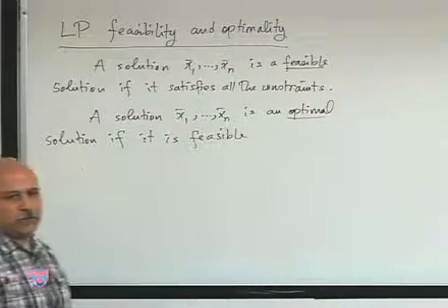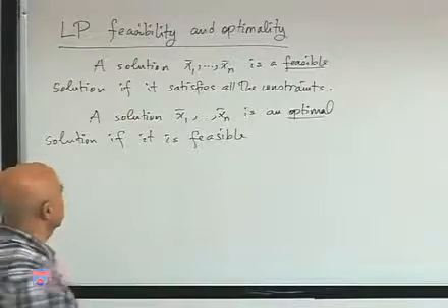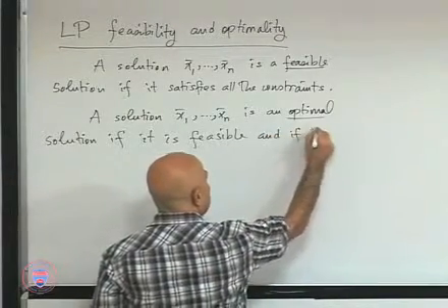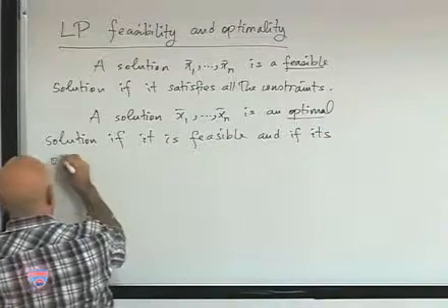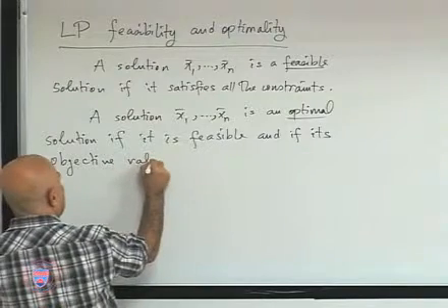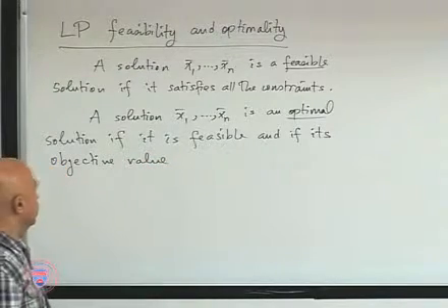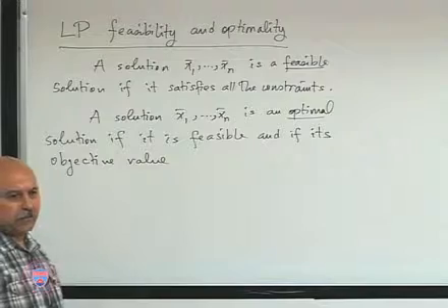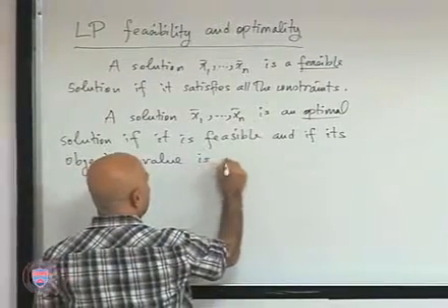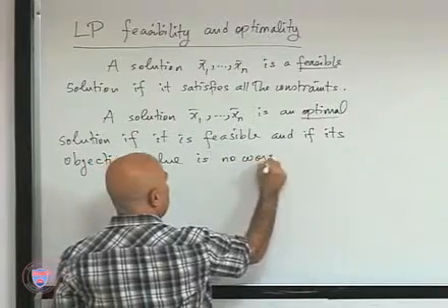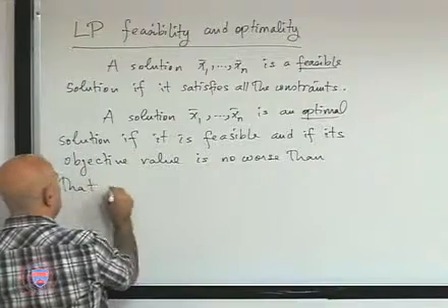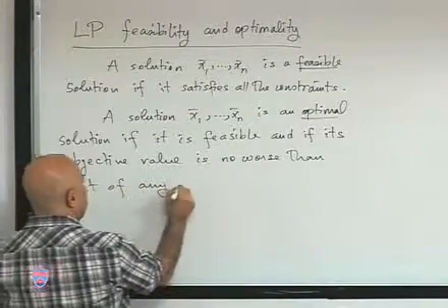So you have to first of all have feasibility on hand, and if its objective function value, which I usually abbreviate to objective value, okay? If its objective value is no worse than that of any other feasible solution.